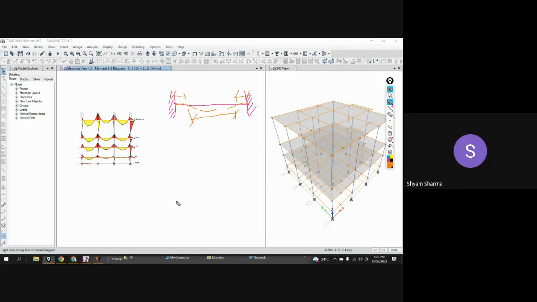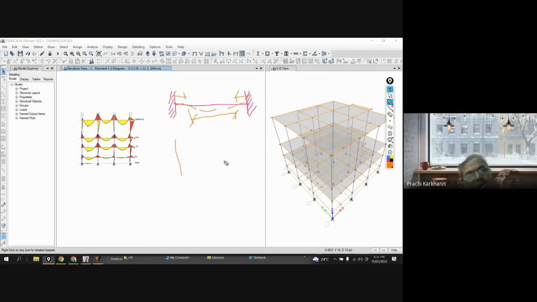Yes, sir. And that's why I will always draw a bending moment diagram like this and not like this. This is more preferable than this. I don't say this is wrong, but it gives me some false idea about the physical conditions.